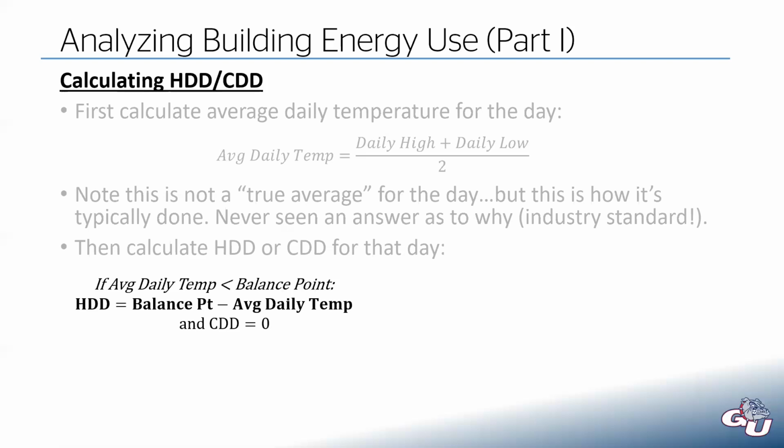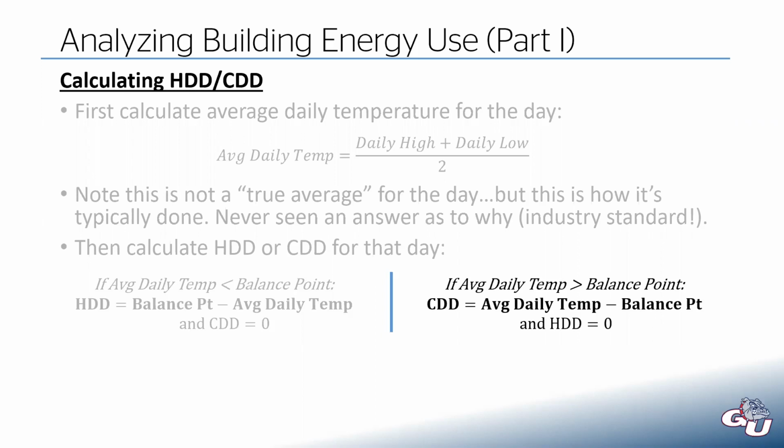In which case, you take the balance point and subtract the average daily temperature, and cooling degree days for that day are equal to 0. This is calculated on a daily basis.